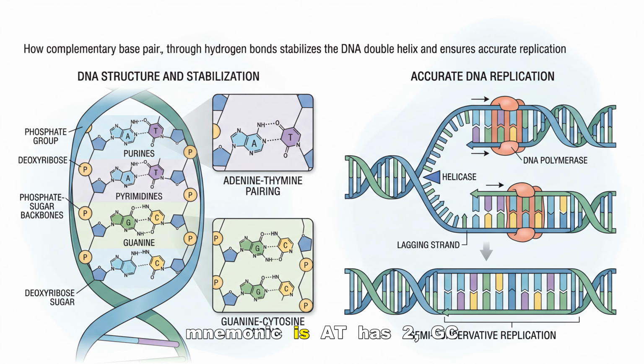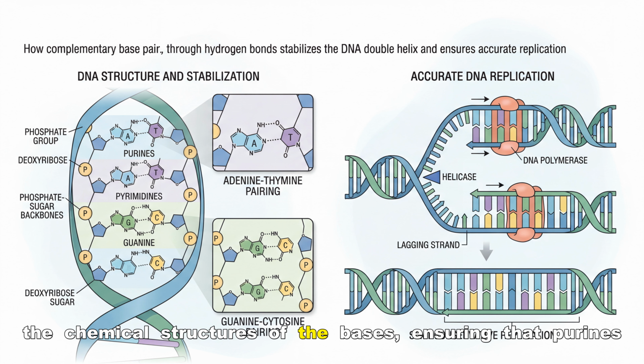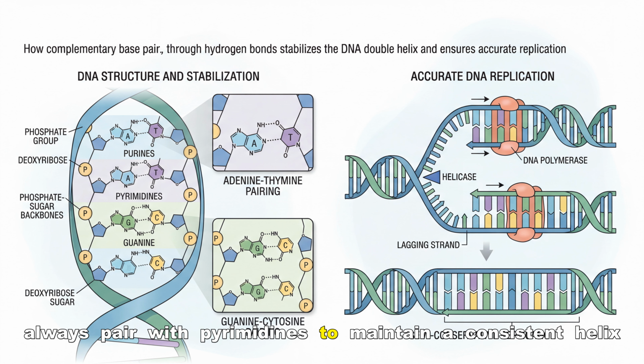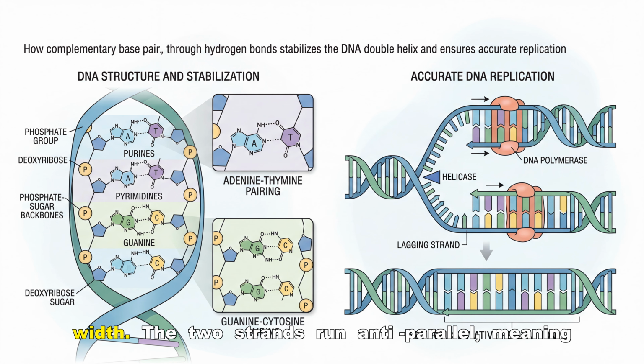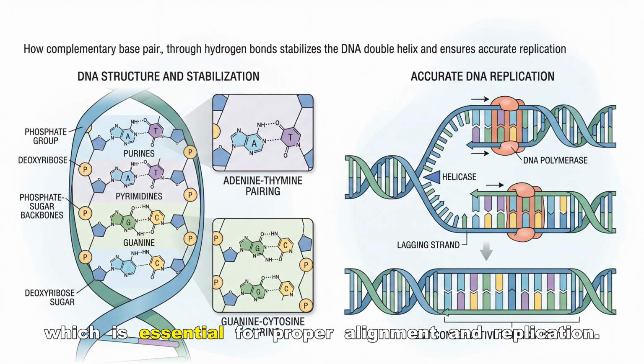A common mnemonic is AT has 2, GC has 3. These specific pairings arise from the chemical structures of the bases, ensuring that purines always pair with pyrimidines to maintain a consistent helix width. The 2 strands run anti-parallel, meaning one runs 5 to 3 and the other runs 3 to 5, which is essential for proper alignment and replication.